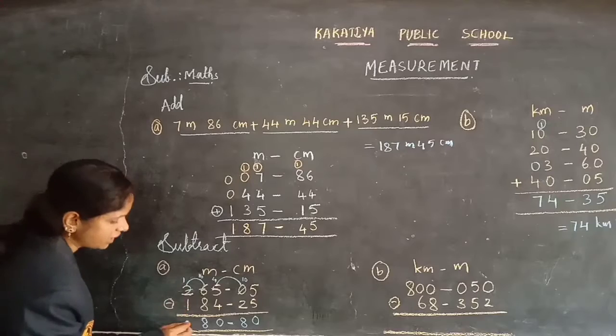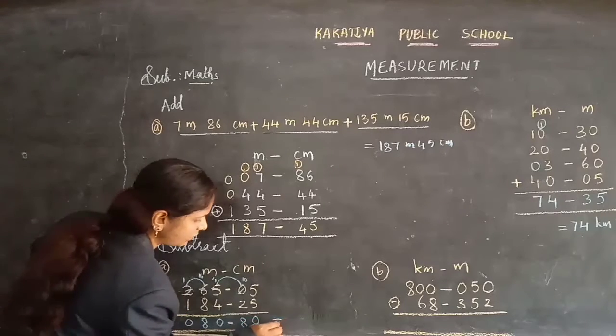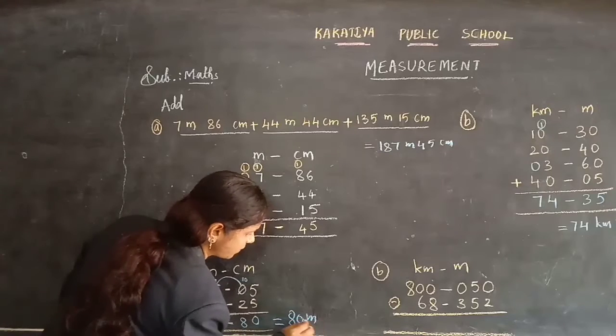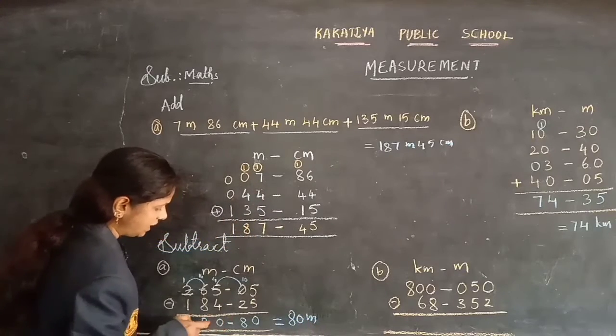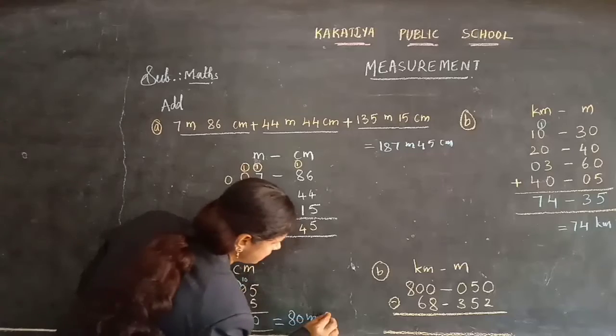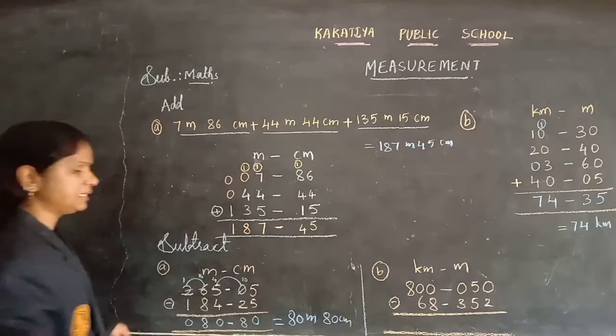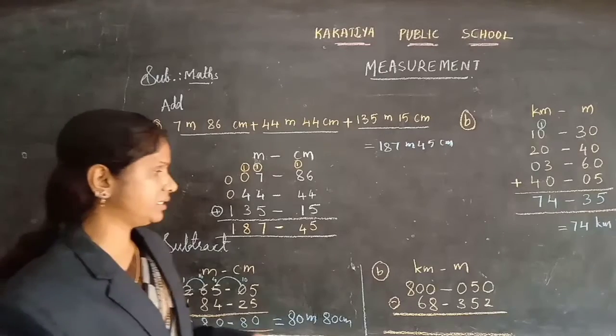And 1 minus 1, 0. So what the answer will be here? 80 meters, 80 centimeters.